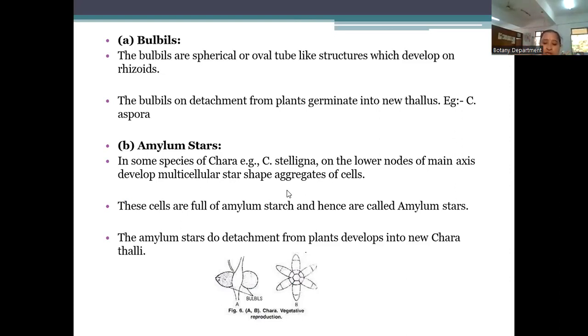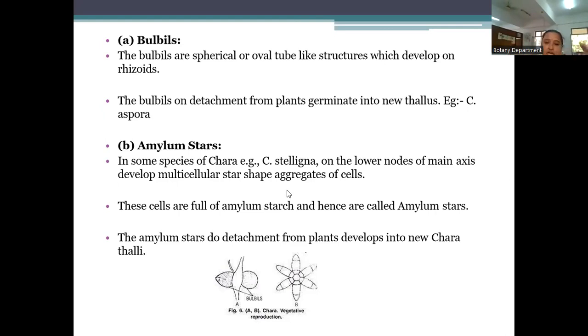Coming to the second, also very important, amylum starch. These are star-shaped cells. Many times this question is asked: which algae reproduce vegetatively by amylum starch? That's Chara, but the species is also most important. The star-shaped cells are filled with starch grains.